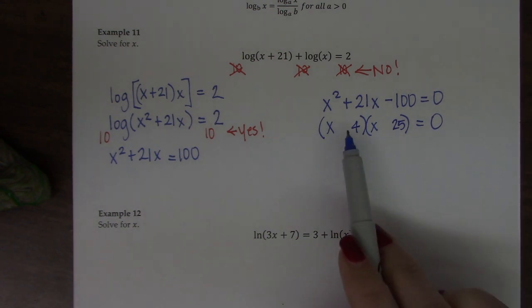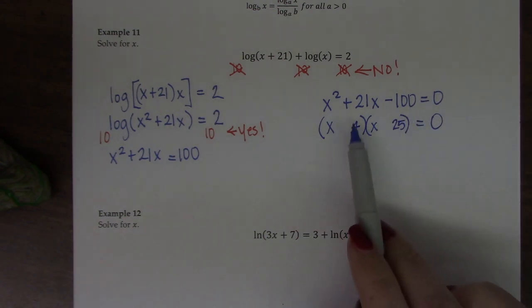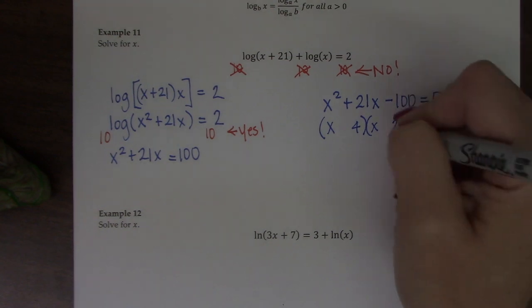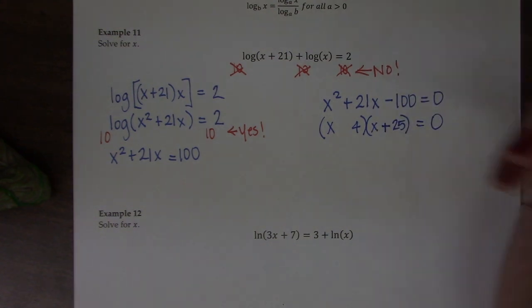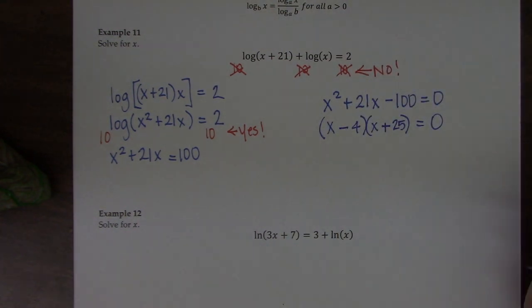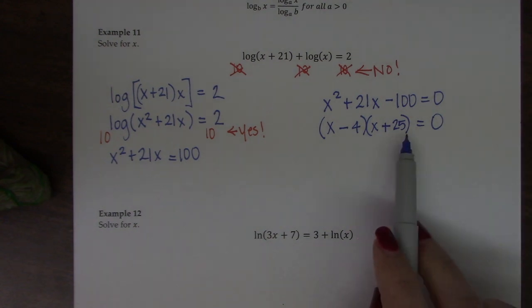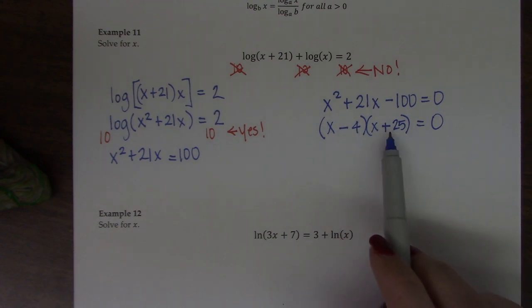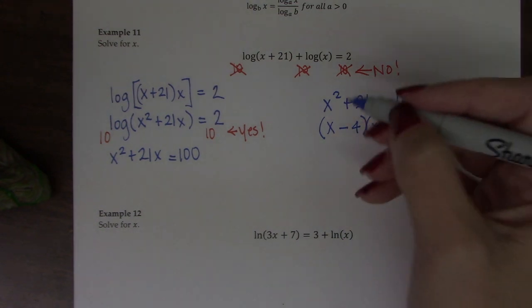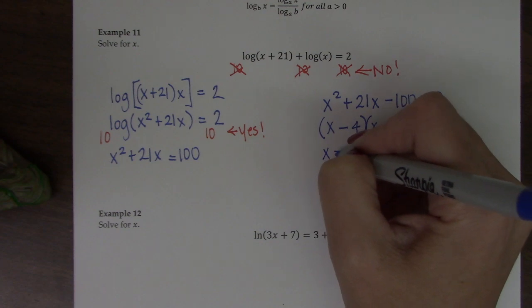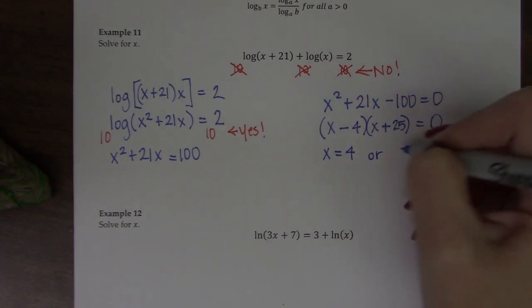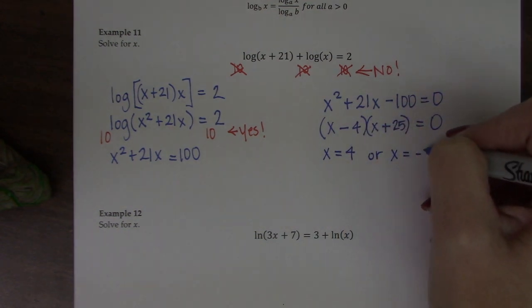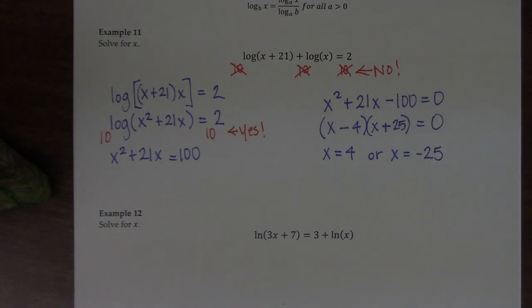And I want these to multiply to be negative, but add up to be positive. So I'm going to make the bigger number 25, the positive number, the smaller number 4. So now I have 25 minus 4 gives me positive 21, and negative 4 times positive 25 gives me negative 100. So now I get that x equals 4, or x equals negative 25.